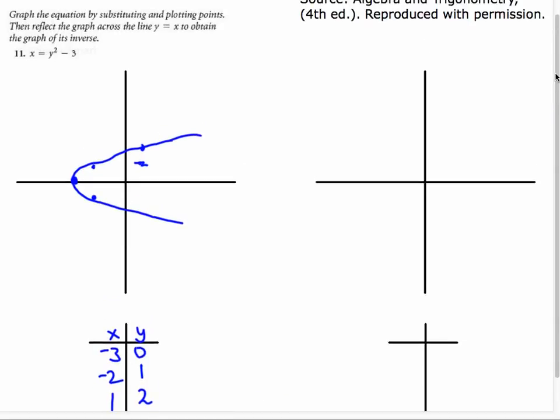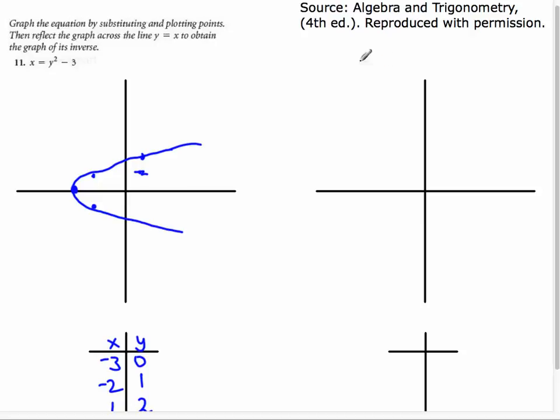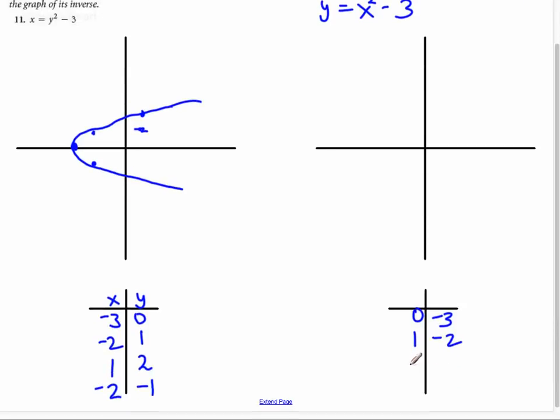Now, to graph the inverse, I swap the x's and y's, so it'd be y equals x squared minus 3. So if I plug a 0 in for x, oops, I get a negative 3. Notice that they're exactly opposite, so I could just go 1, negative 2, 2 and 1, flip those, negative 1, negative 2.